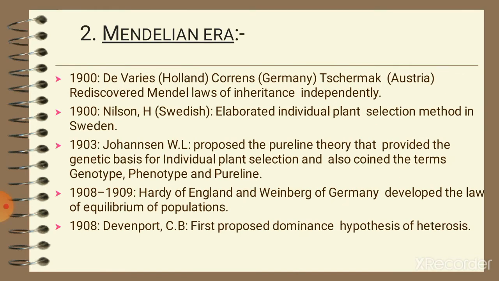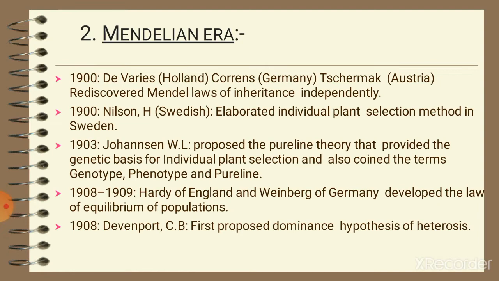Then the second part of history, the Mendelian era. In 1900, De Vries from Holland, Correns from Germany and Tschermak from Austria rediscovered Mendel's law of inheritance independently.